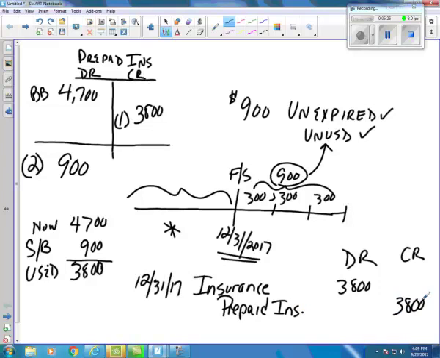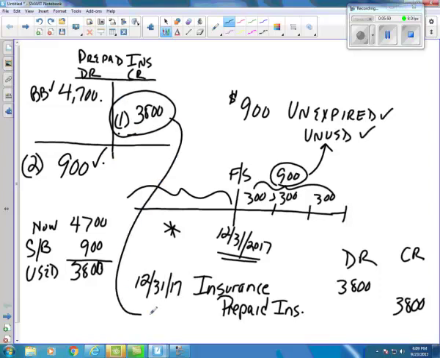The question is, is that what we wanted to do? We did want to reduce it because the account had a debit balance of $4,700, and it should only have a debit balance of $900 of the remaining prepaid insurance. In order to get from $4,700 to $900 debit, we have to credit the account. And is that what we did? We sure did.